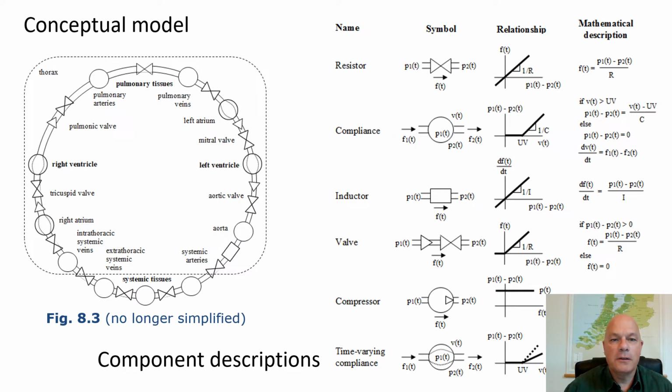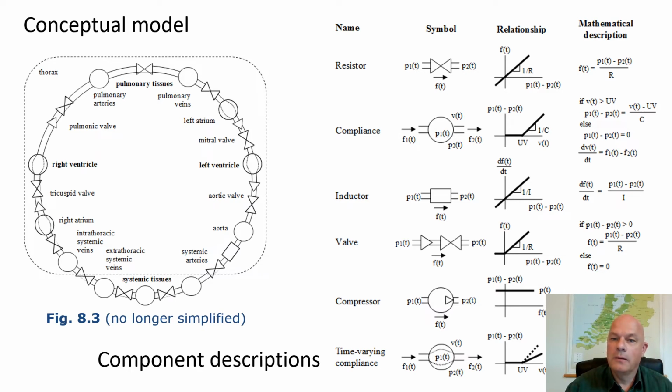But let's look at the resistor, for example. The symbol is there, and the resistor is essentially a relationship between pressure across the resistor and the flow. A way to represent that relationship is in a graph: pressure difference at the bottom and flow as a dependent variable, or it can be the other way around.